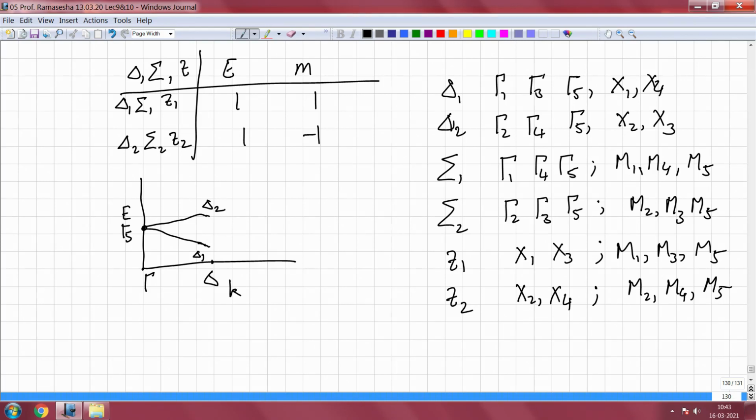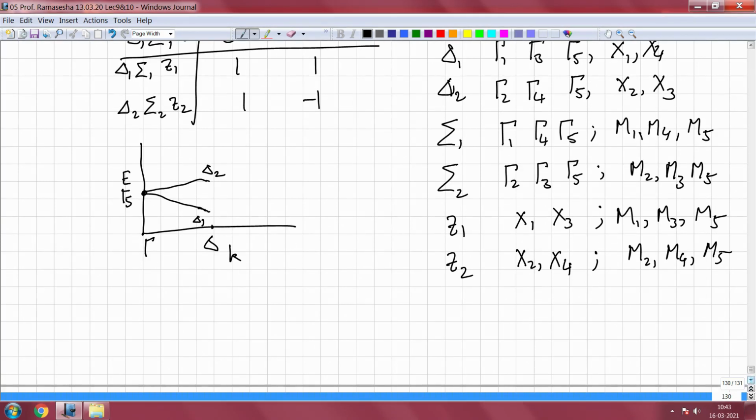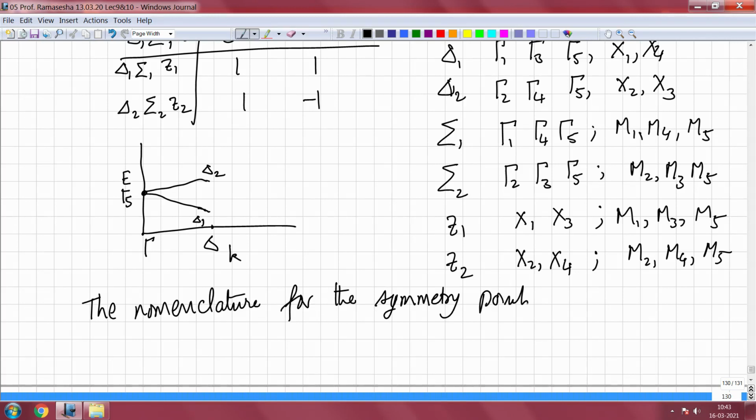Okay. So, this is the way one can do it, and the nomenclature for the symmetry points in the Brillouin zones was first given by three physicists.